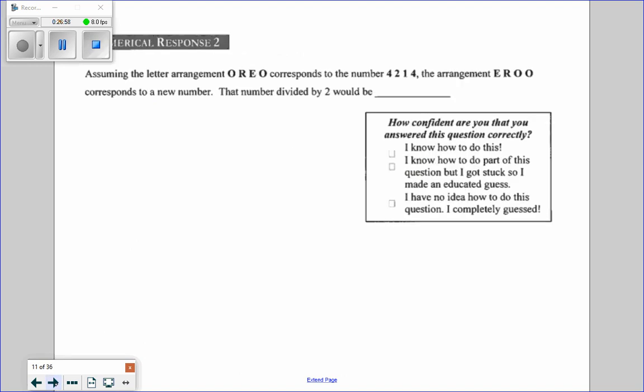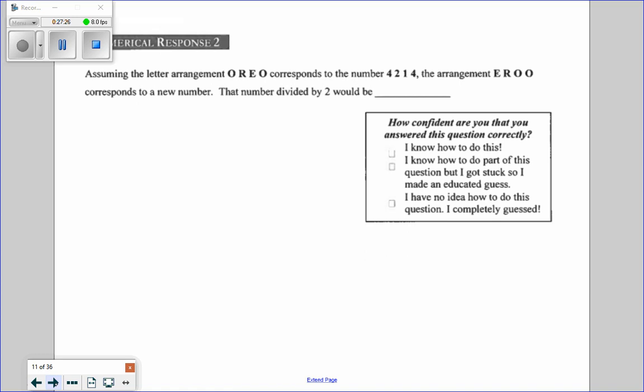Okay, so this is kind of like that puzzles question again. It says, assuming the letter arrangement OREO corresponds to the number 4214, the arrangement EROO corresponds to a new number. Sorry, I should have put this in the puzzles section. This is not a set theory question.